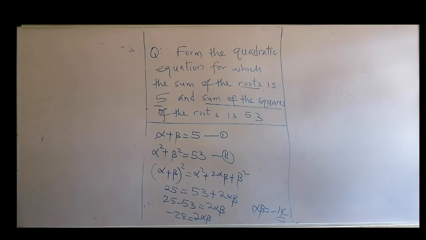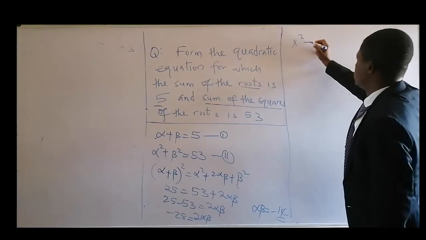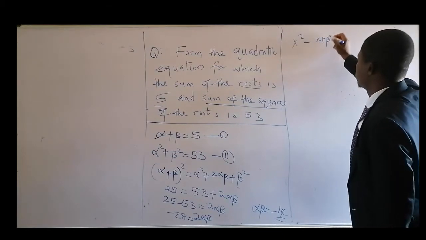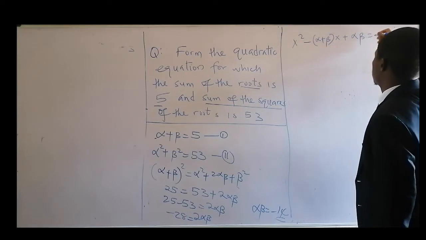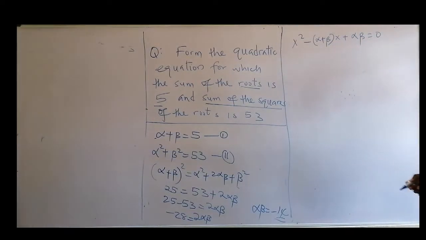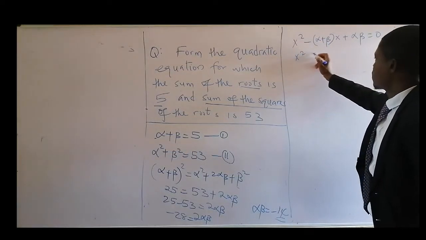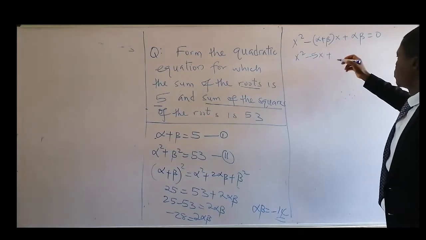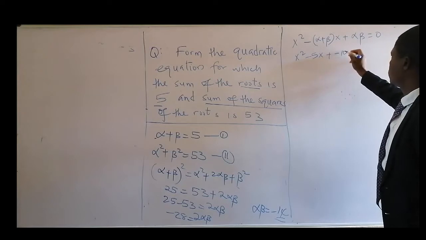So the quadratic equation will become x squared minus the sum of the roots, alpha plus beta, times x, plus the product of the roots, equal to 0. We already have alpha plus beta as 5, and the product we just got as minus 14.